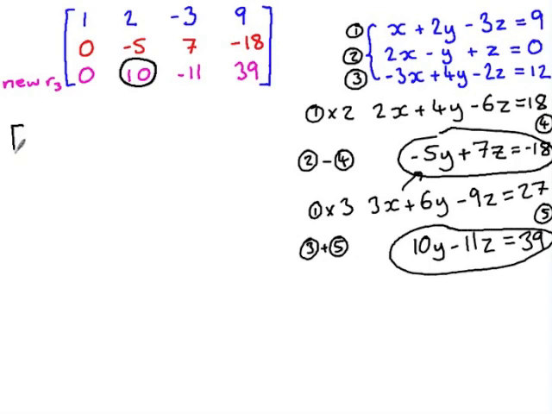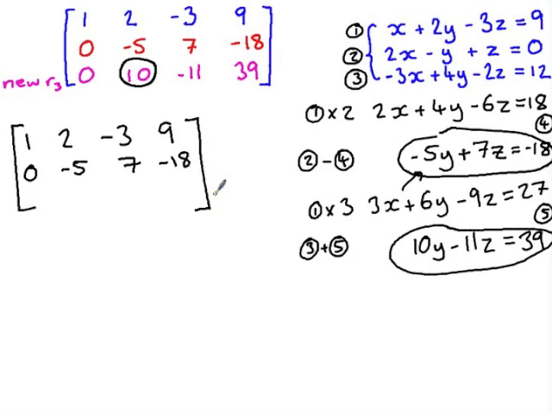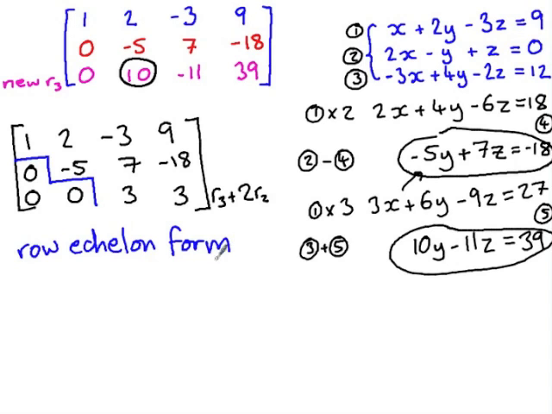So again, the first 2 rows will be unchanged, and then I'm going to replace row 3 with row 3 plus 2 lots of row 2. Now this is as far as I'm going to go with my matrix. This is now in echelon form. It's called row echelon form, which really means we've got steps and zeros in that bottom corner.